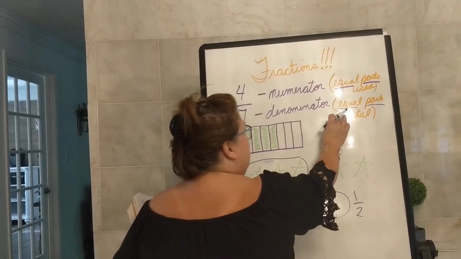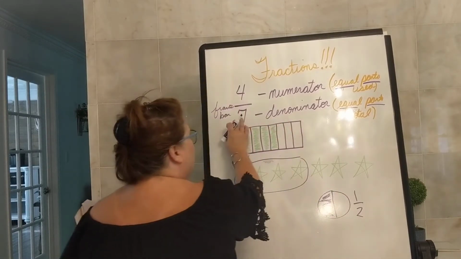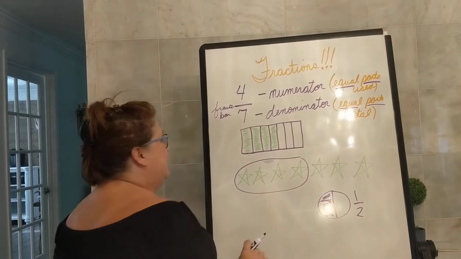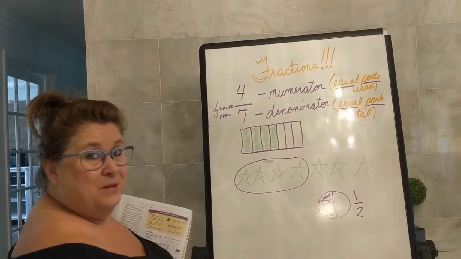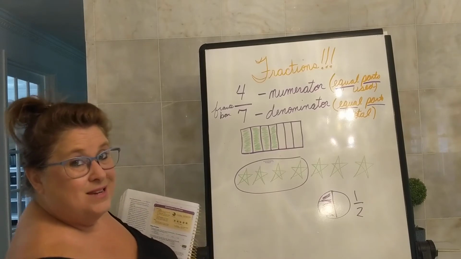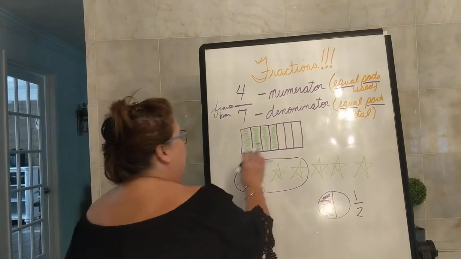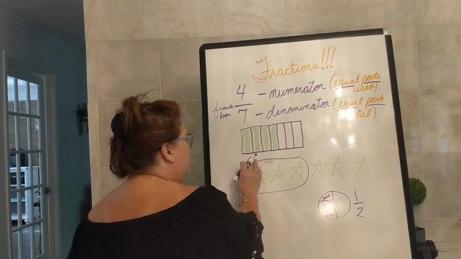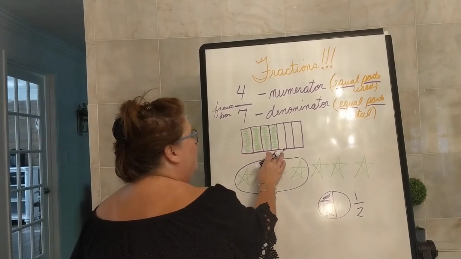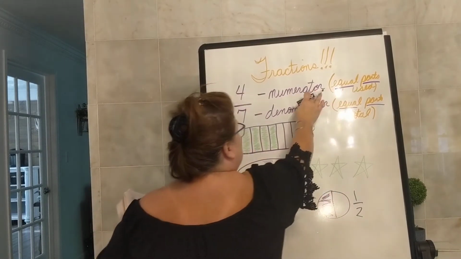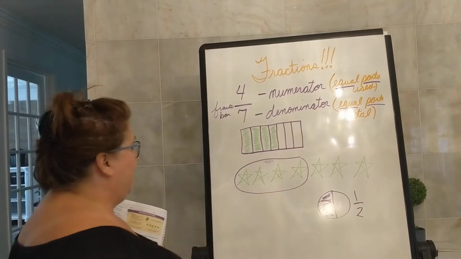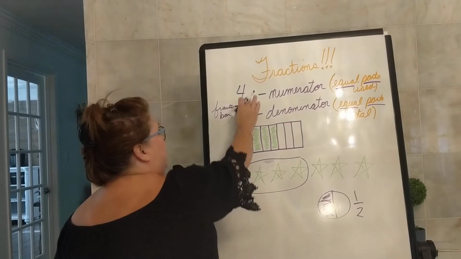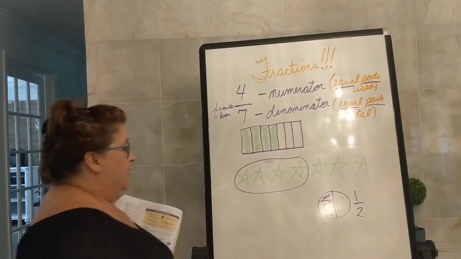I have 7 equal parts total, so that is my denominator, or my down number. It's the number on the bottom, down, denominator, okay? And then the parts used, I have 1, 2, 3, 4 parts used, so that is my numerator. So my fraction for this would be 4/7.